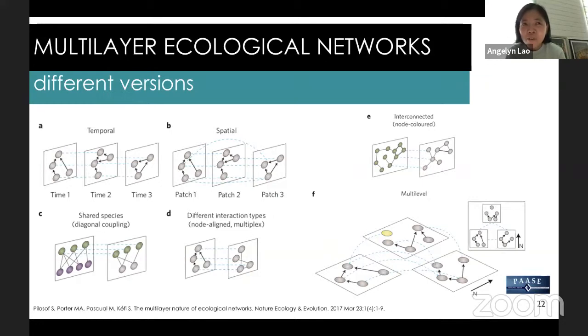But for now, the design of the structure of the network or the system is predefined first before you actually analyze it using P-graph.